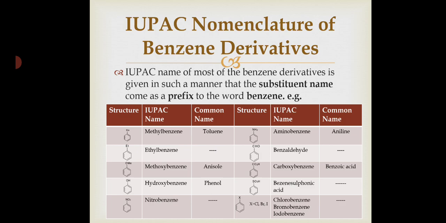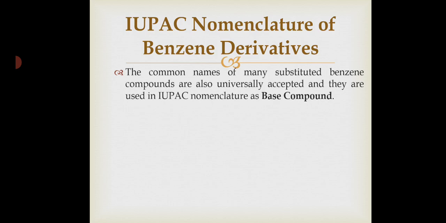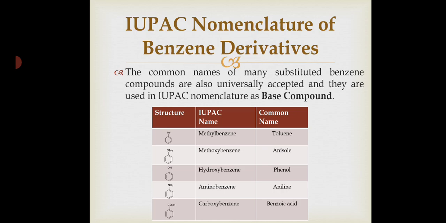Now you can see that some of the compounds also have a common name. So, the common names of many substituted benzene compounds are also universally accepted, and they are used in IUPAC nomenclature.